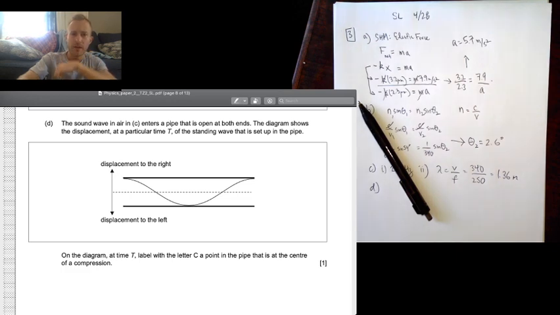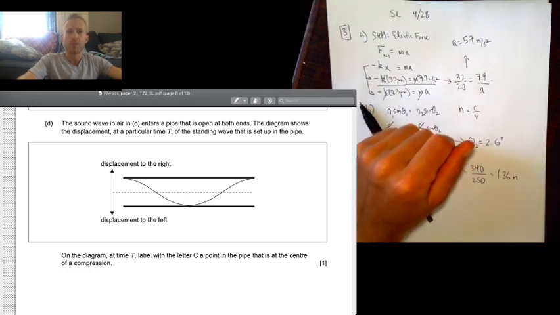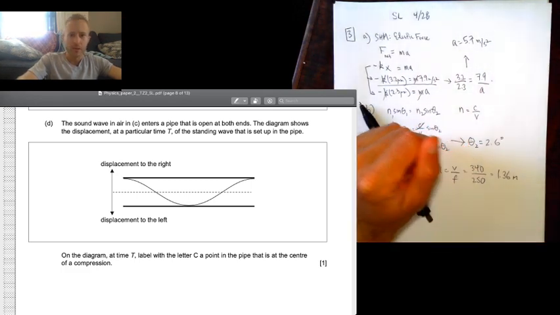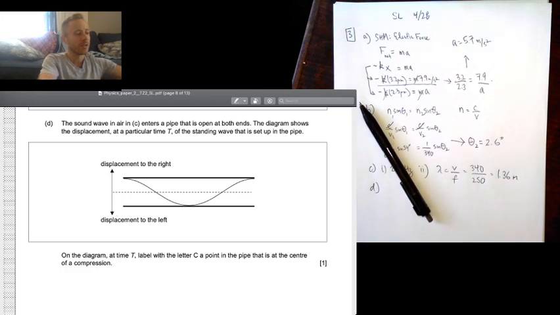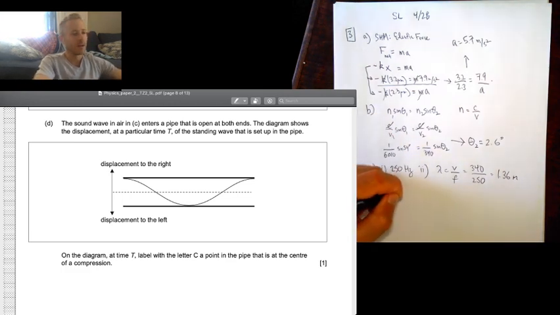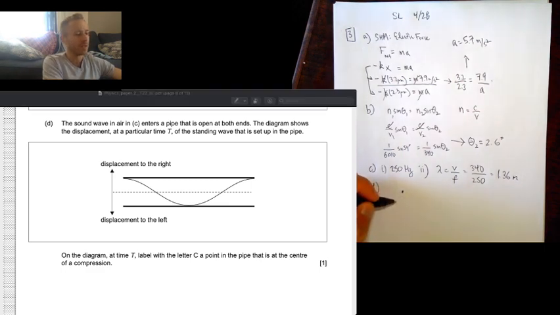This one's going to be a little bit tricky. If we look at a particular point here in the medium, if it's a compression, then the points to the right of that point get displaced to the left, and the points to the left of that point get displaced to the right.